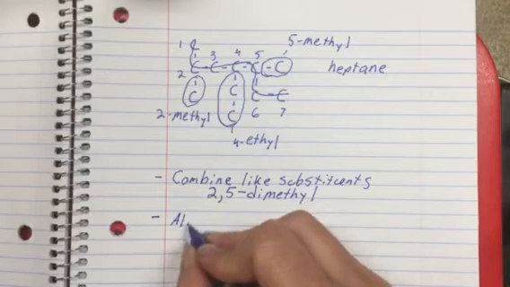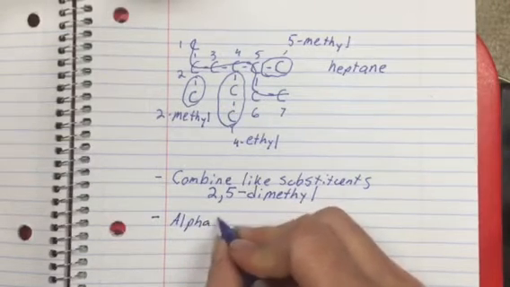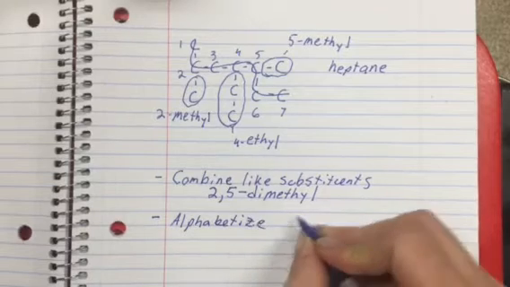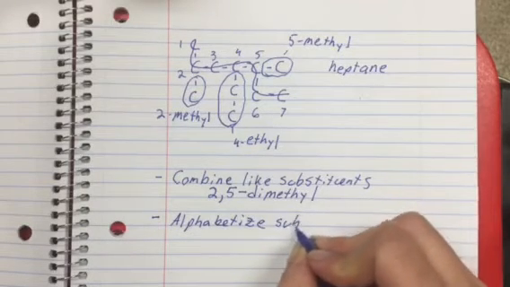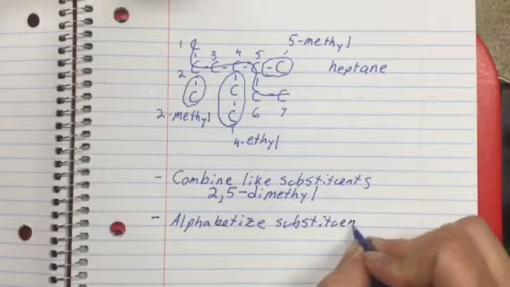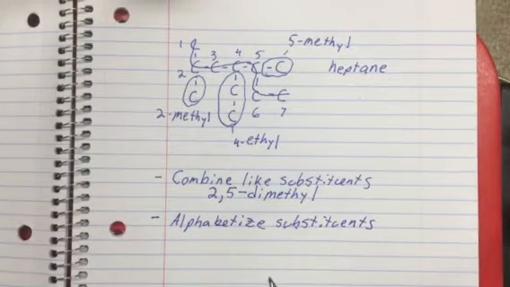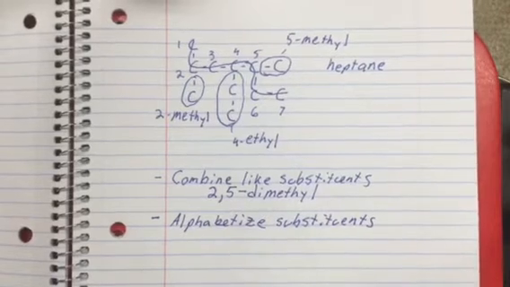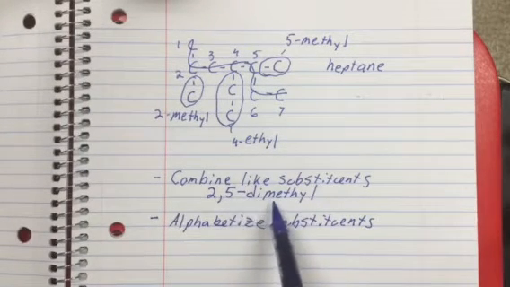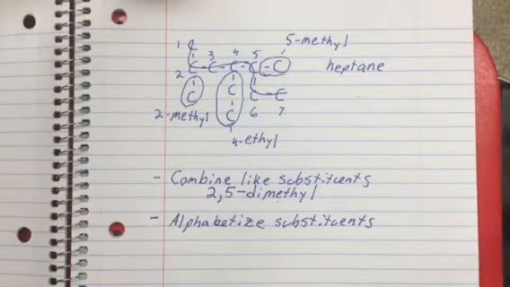Okay, then we are going to alphabetize our substituents based on their original prefixes. We're going to ignore this di here. So ethyl comes before methyl.